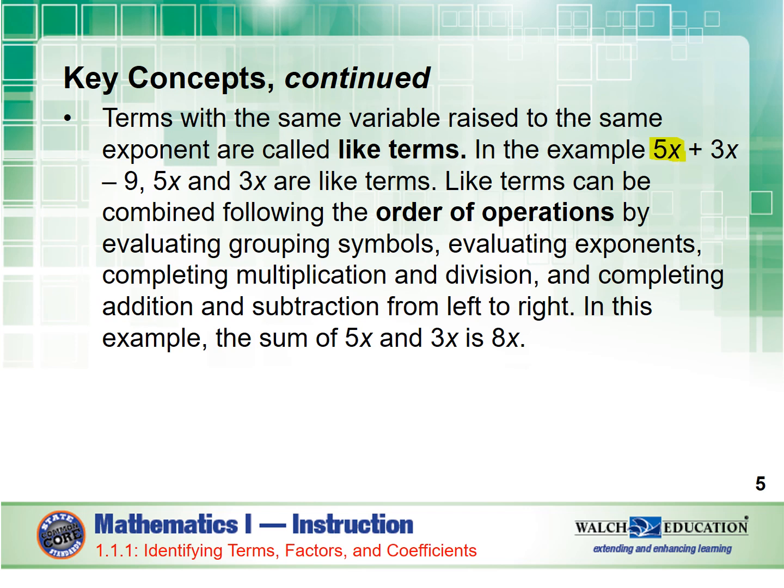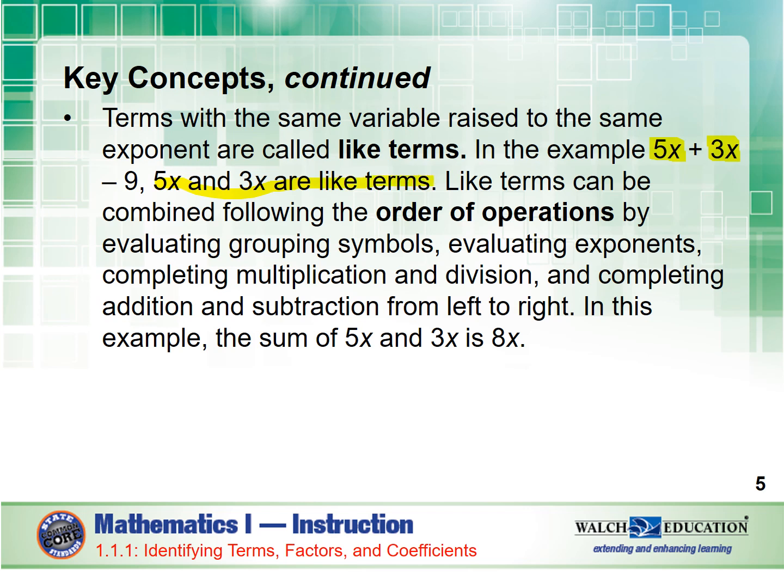In this case, we've just got 5x. It's raised to the first power, but we don't write the little number 1 out, so it's just 5x. So you're going to look for any other coefficient that has an x attached to it. And we've got a 3x. 9 does not have a variable, and so 9, remember, is called a constant. So 5x and 3x are like terms.